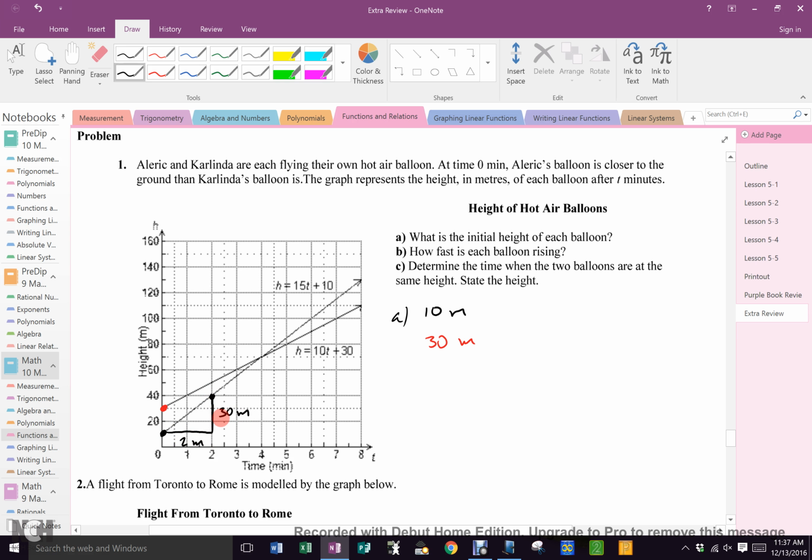Now we don't like 30 and 2. So if we went up 30 meters in 2 minutes, we want this to be 1. So it's going to be 15 meters in 1 minute. And the red one, we can check right here. In 1 minute, we went up 10 meters. So 10 meters per minute.